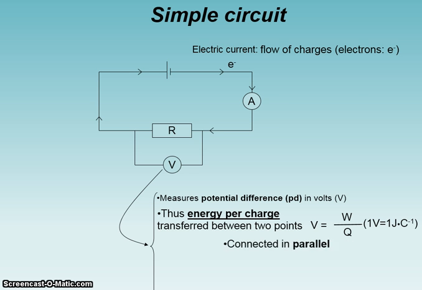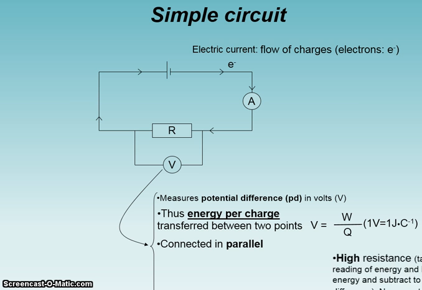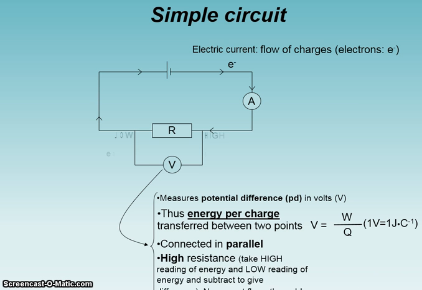Right, always remember that your voltmeter is connected in parallel. And why is that? Because there's 2 points in your circuit. One with high energy because the charges came from your battery, and then they transfer the energy and they have lower energy. So the resistor is just removing some of the energy from the charges.